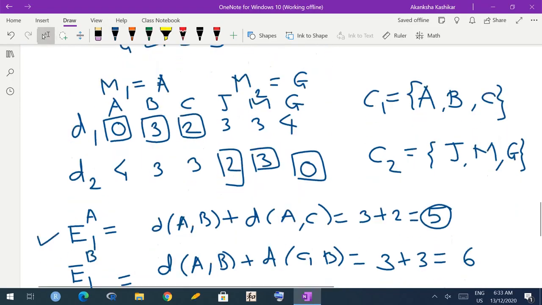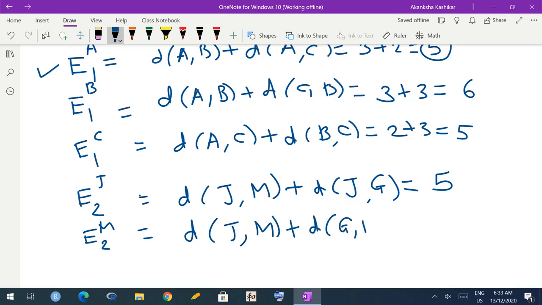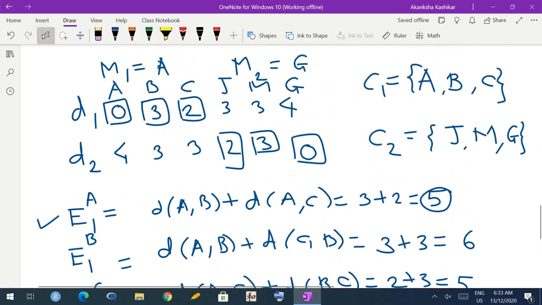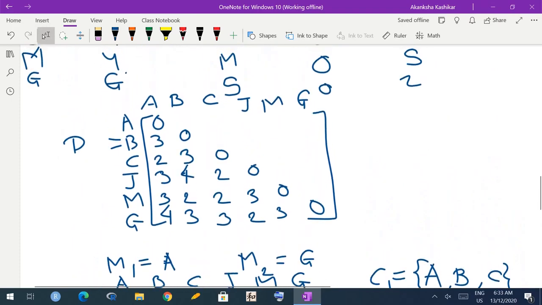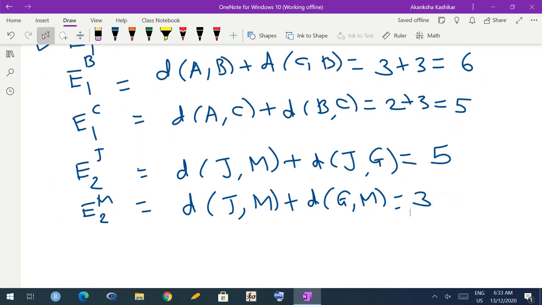So it becomes 3 plus 2, that is 5 again. Okay. Then error of second group with respect to mango. So it becomes distance between jackfruit mango plus distance between grape and mango. So jackfruit mango we know is 3 and grape and mango would be 3 again. Okay, grape and mango is also 3. So this is 6.